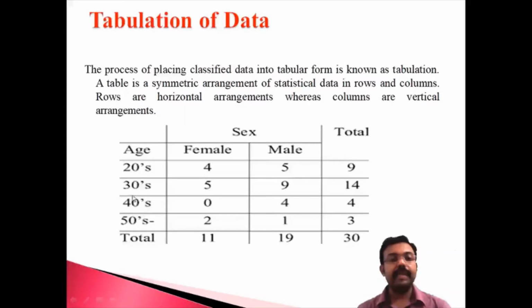Similarly, in the 30 age group, 5 females and 9 males make 14. In the 40 age group there is no female and 4 males, and the total is 4. In the 50 age group, there are 2 females and 1 male. The total number of females is 11, the total number of males is 19, and the total number of the age groups is 13. So this is an example of the tabulation of the data.